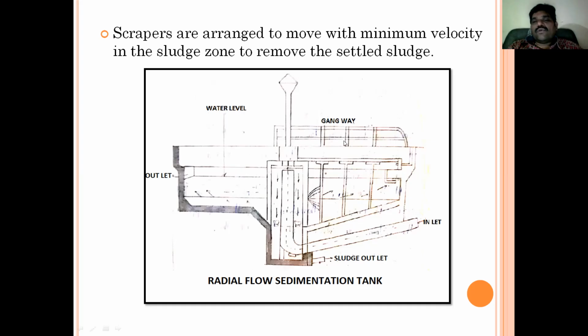This is radial flow. Radial flow means from one particular point, water will be distributed radially, and this is the gangway, and it is meant for maintenance works. Did you understand? So this is about the radial flow sedimentation tank.